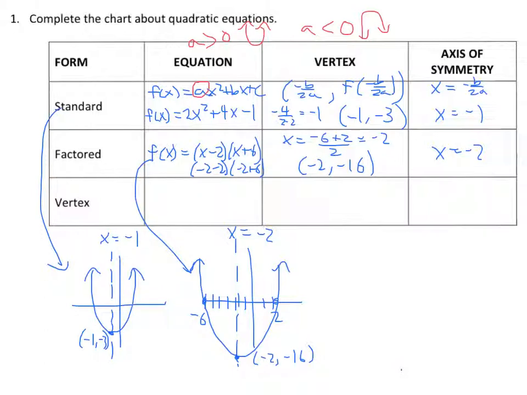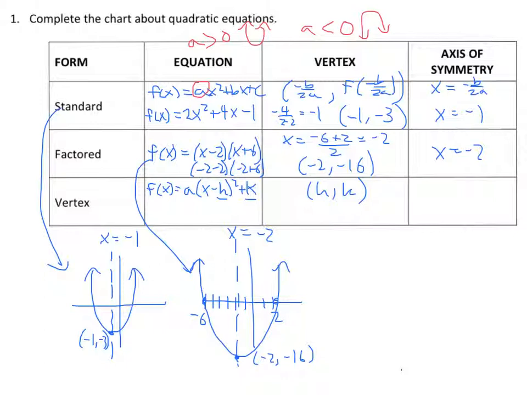Okay, and then vertex form does have a general equation. It is f of x equals a times x minus h squared plus k. And the vertex is very easy to find from vertex form. You just use the two numbers h and k. So h, k is the vertex.